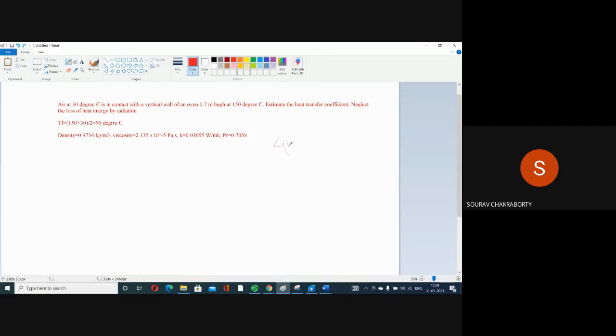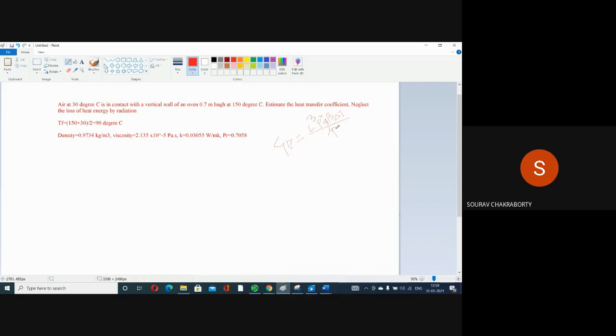Grashof number is equal to L cube into rho square into g into beta into delta T, and this whole divided by mu square.